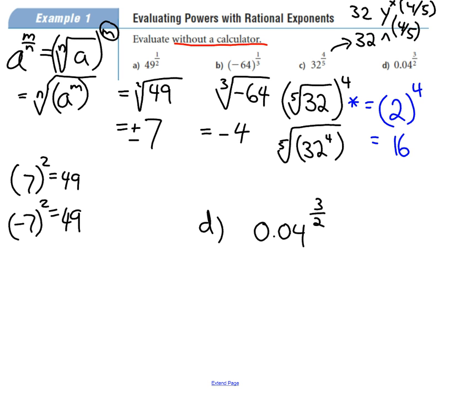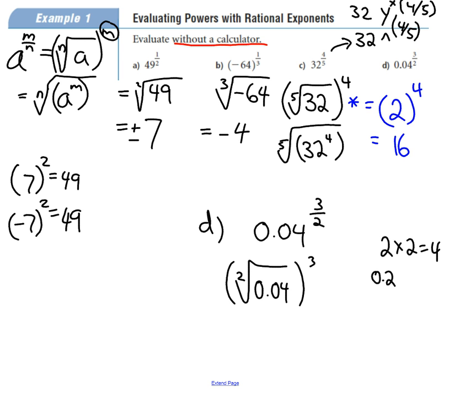So let's look at this. First of all, we can take it as the square root of 0.04 raised to the exponent 3. Now, 2 times 2 is 4.